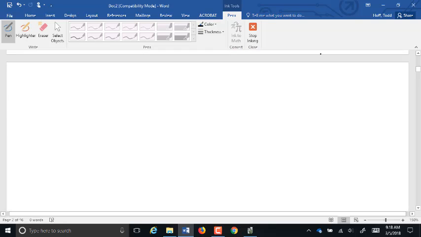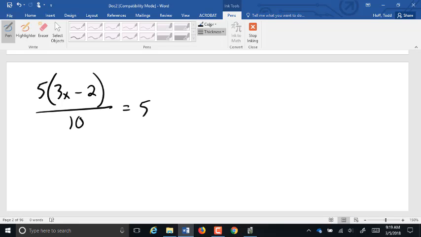What if we do something like this? Well, remember we said the first thing we have to do before we can solve any equation is to make sure we simplify anything we can on either side.